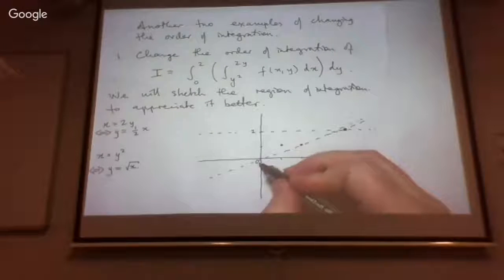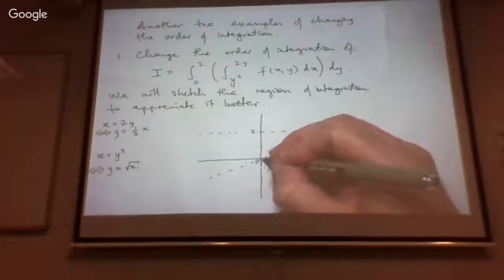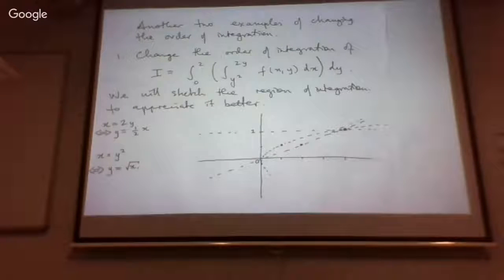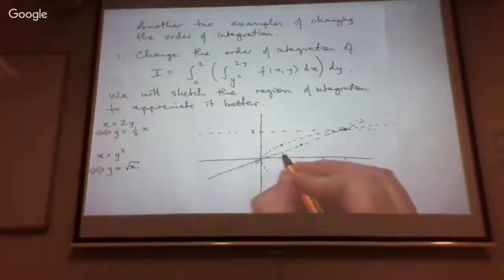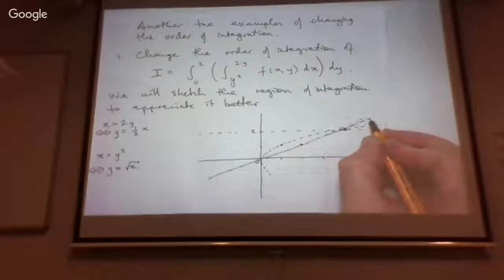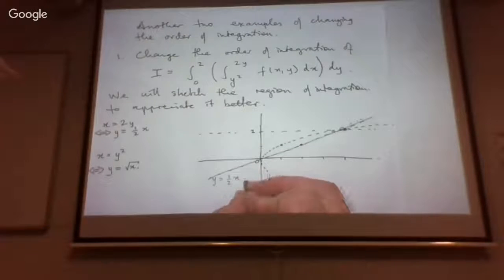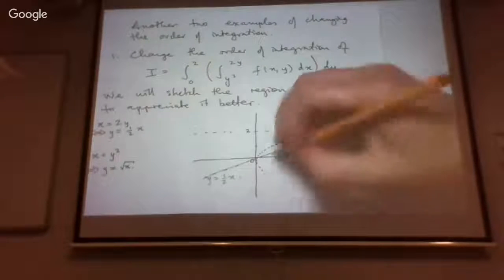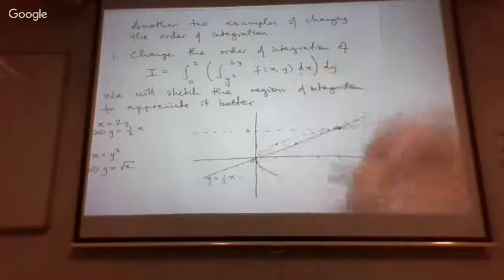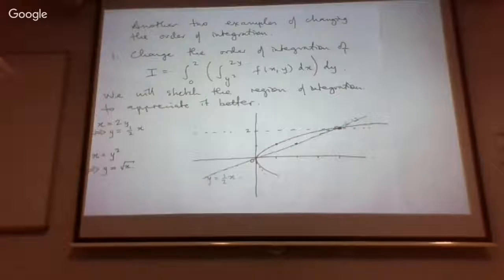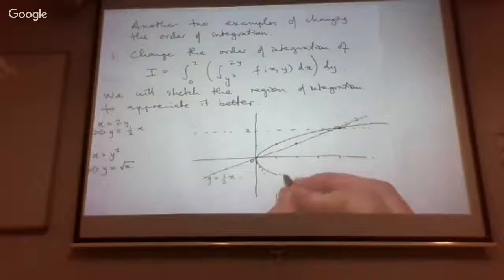So that's this curve, which comes around here. We have this straight line, y equals a half of x, and this red curve, y equals the square root of x.